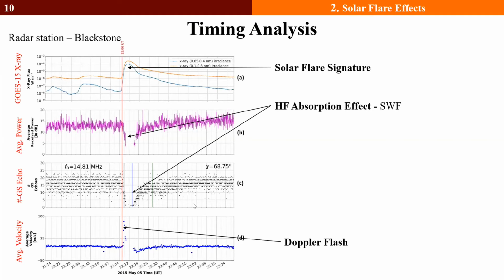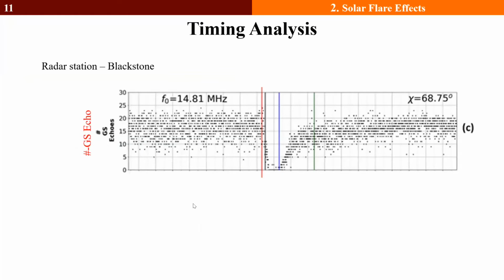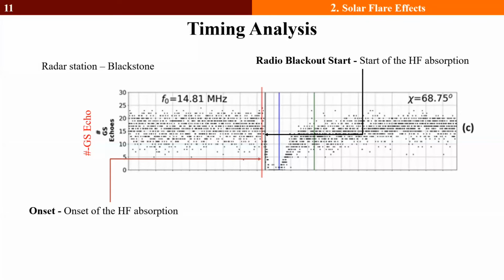Now, to do the timing analysis, I'm just going to focus on panel C. I have developed an algorithm that can estimate the different phases. So here is the onset. This red line is the onset, which is the start of the absorption, and this black line is the start of the peak of HF absorption, when you go completely into blackout.